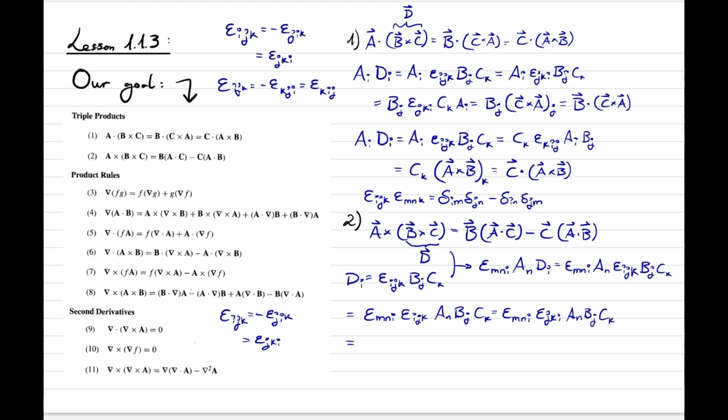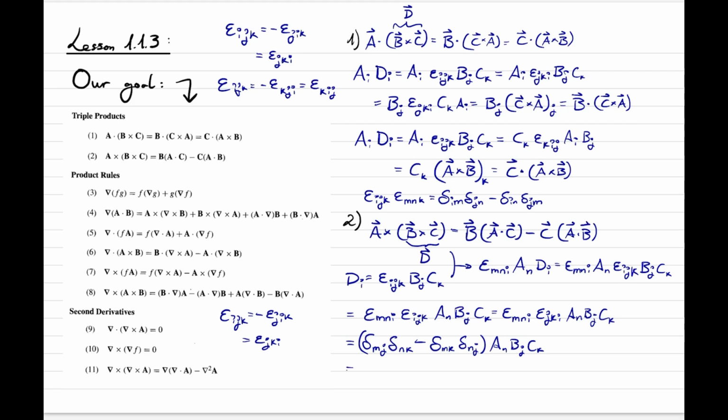And now we can use this property because we have the summing indices in the third slot. So we will have delta mj delta nk minus delta mk delta nj, times an bj ck.